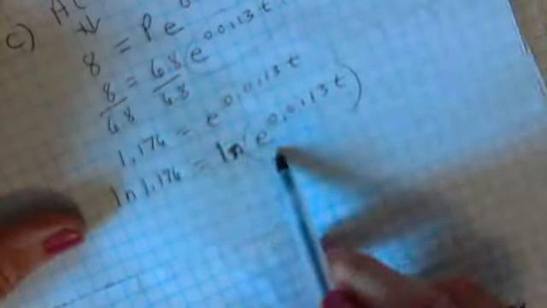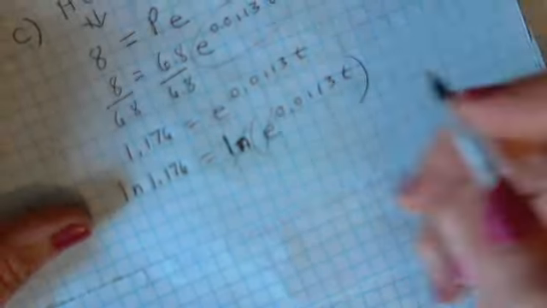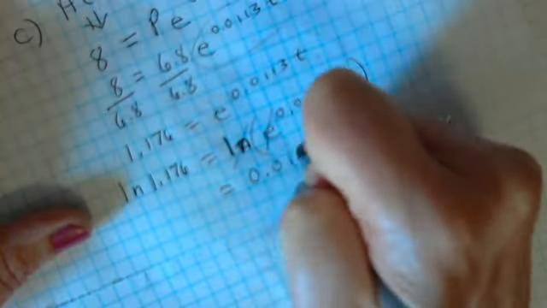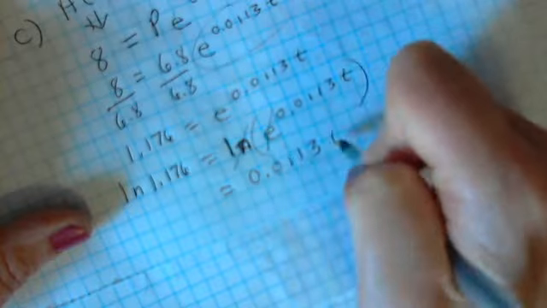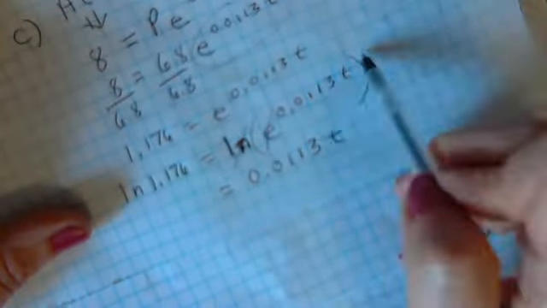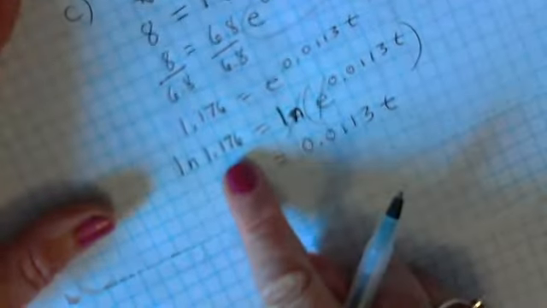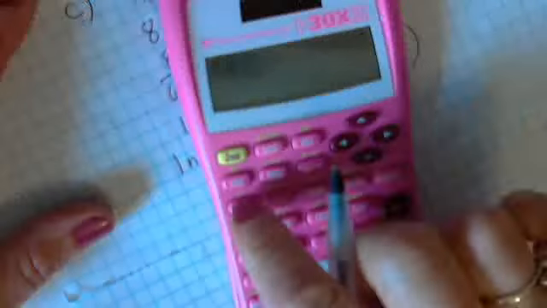So taking the ln of e, ln cancels out e, their inverse operation. And what comes out is this 0.0113 times t. It's like the exponent crashes to the ground now because ln ate e. And on the other side, I can actually calculate this because ln is a key on my calculator. So I press my ln key, and mine is right near my log key, right there.